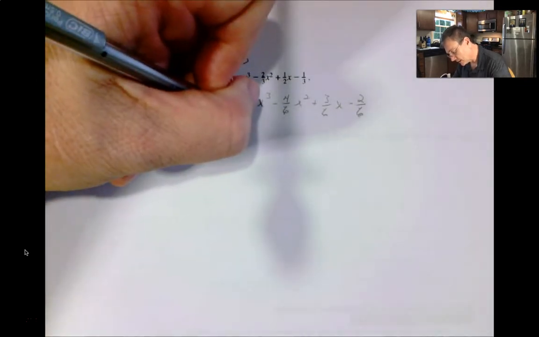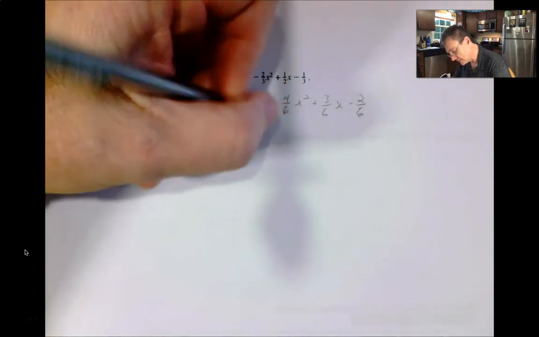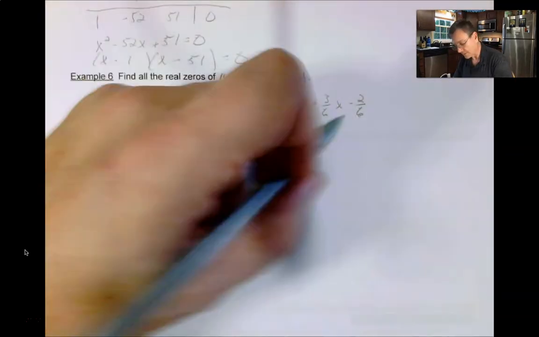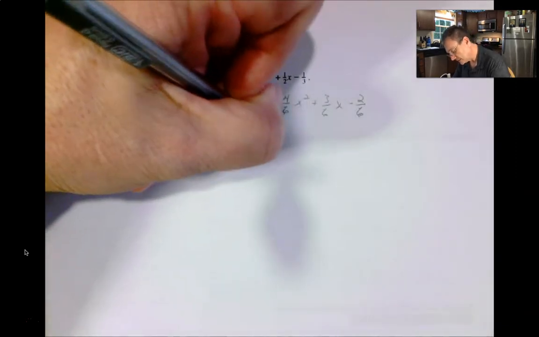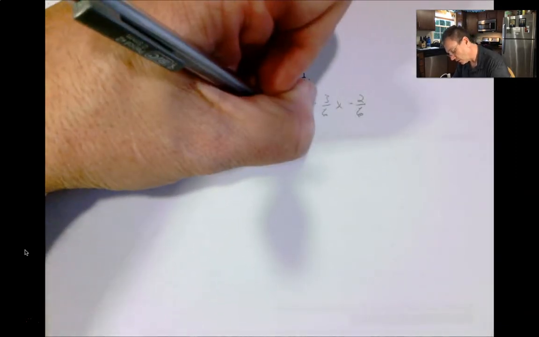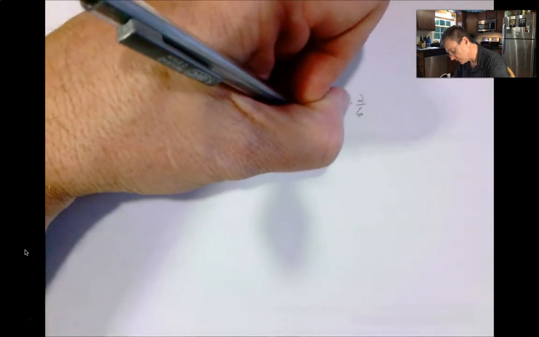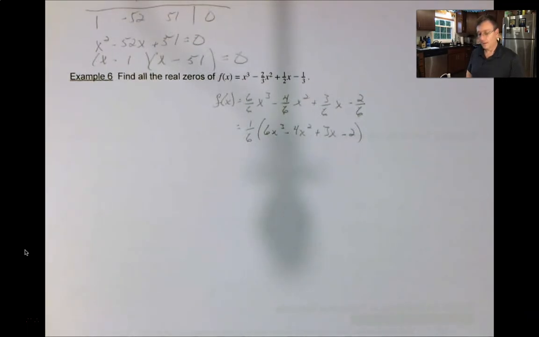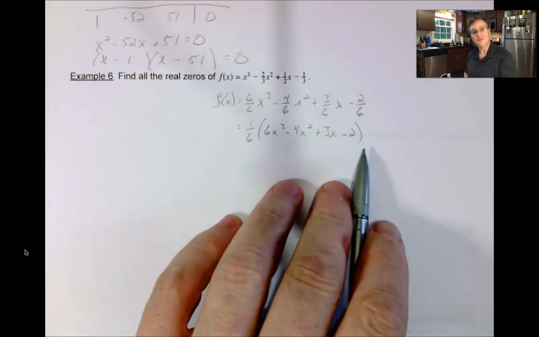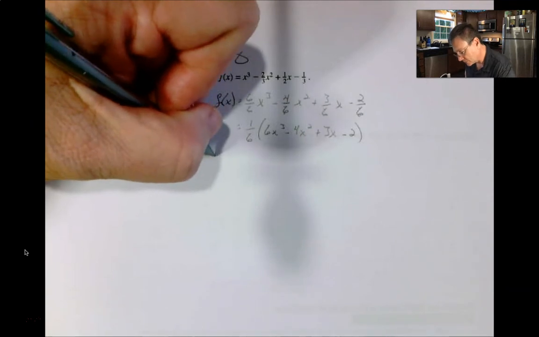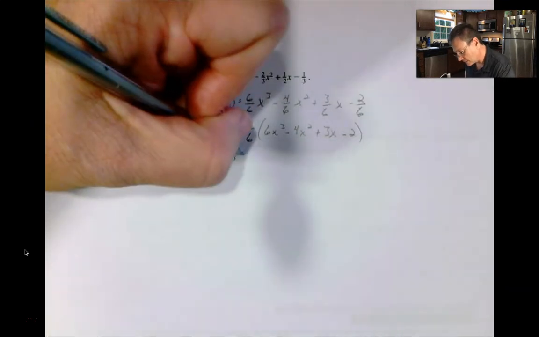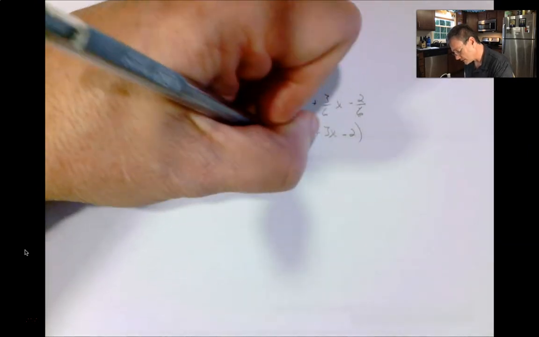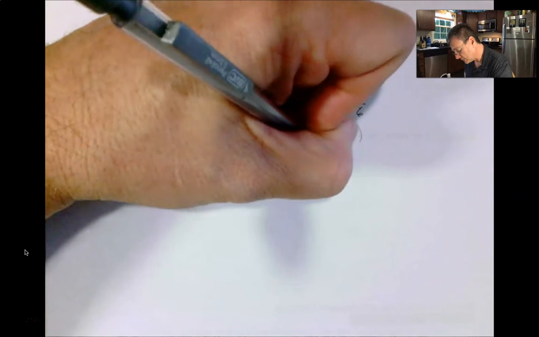So f of x can be 1/6 factored out. I can factor out the denominators: 1/6 times 6x cubed minus 4x squared plus 3x minus 2. So this is 1/6 times a different function. That other function is g of x equals 6x cubed minus 4x squared plus 3x minus 2.